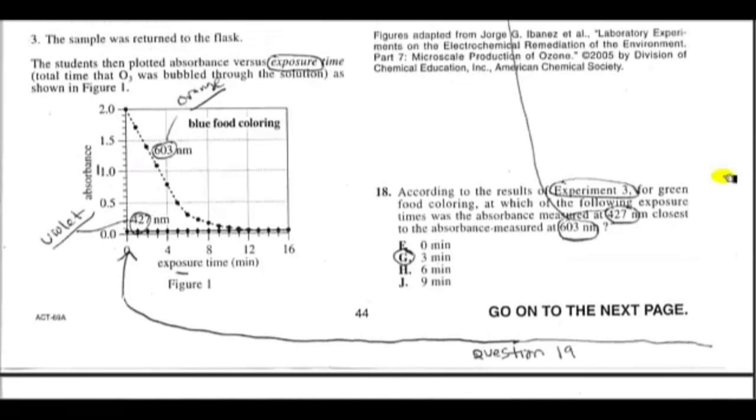If you look at figure 1, here's blue food coloring. So blue, it looks like 603 is high absorbance and 427 is low absorbance.